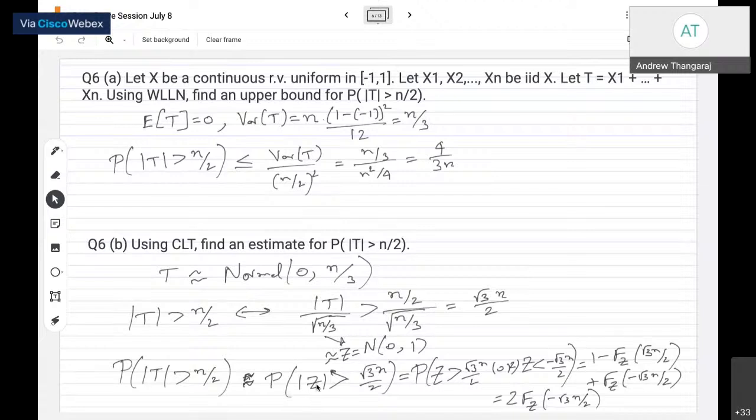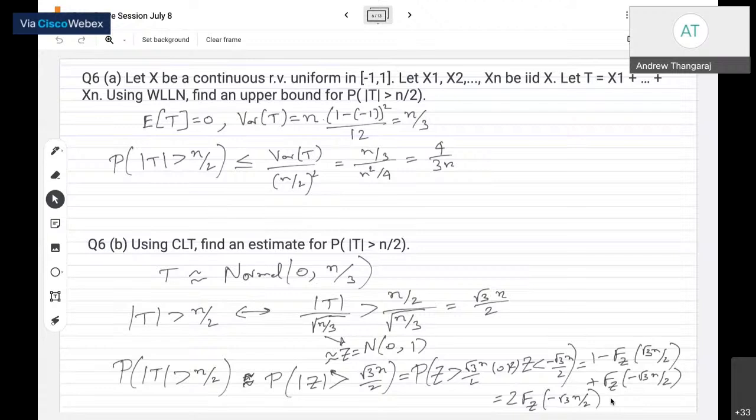So Z is greater than root 3n by 2, or Z could be less than minus root 3n by 2. So you will get 1 minus F_Z of root 3n by 2 plus F_Z of minus root 3n by 2. Now F_Z is symmetric about 0, so these two terms are exactly the same, whether greater than root 3n by 2 or lesser than minus root 3n by 2. So 2 times F_Z of minus root 3n by 2.